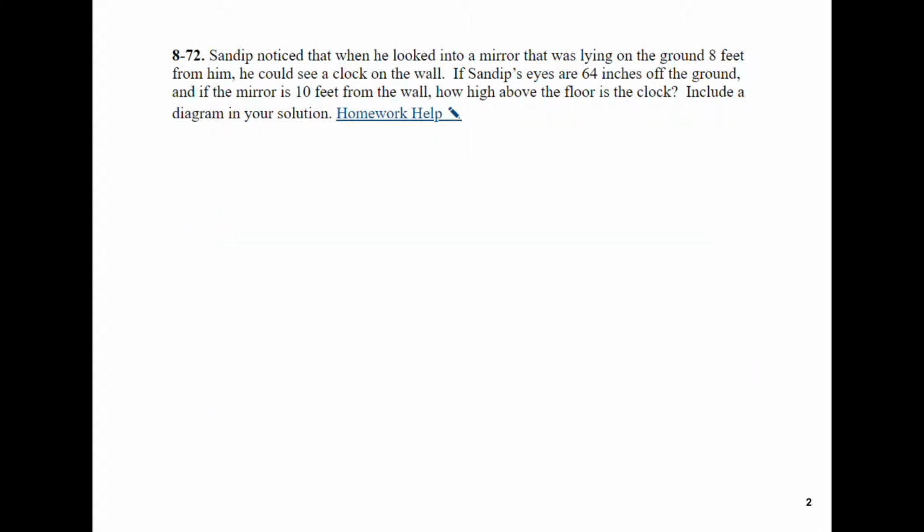8-72. Sandip noticed that when he looked into a mirror that was lying on the ground 8 feet from him, he could see a clock on the wall. So we have our person. He is looking at a mirror that is laying on the ground that is 8 feet from him.